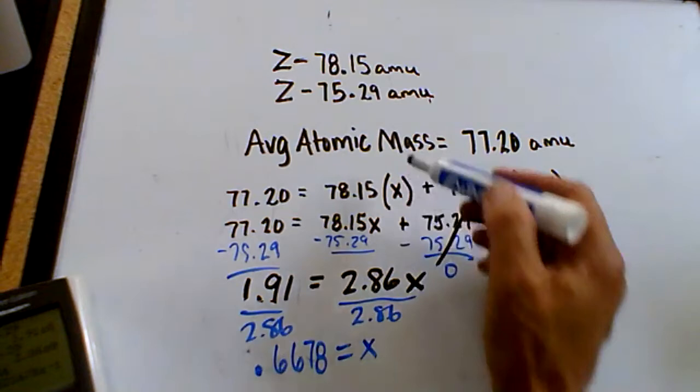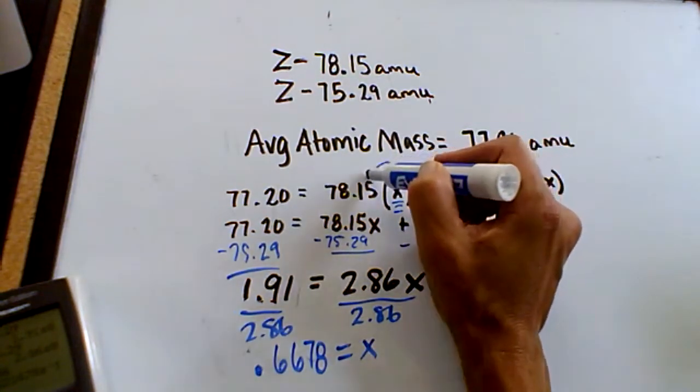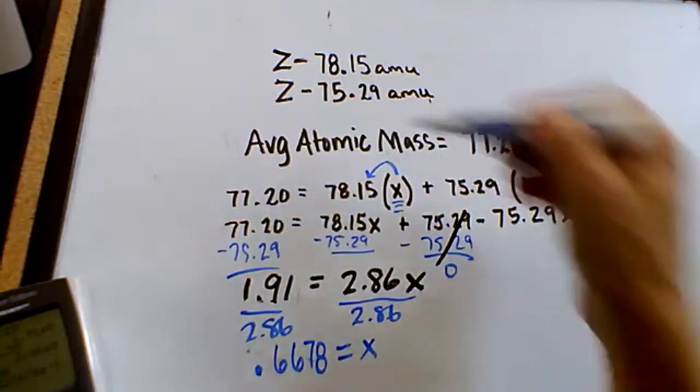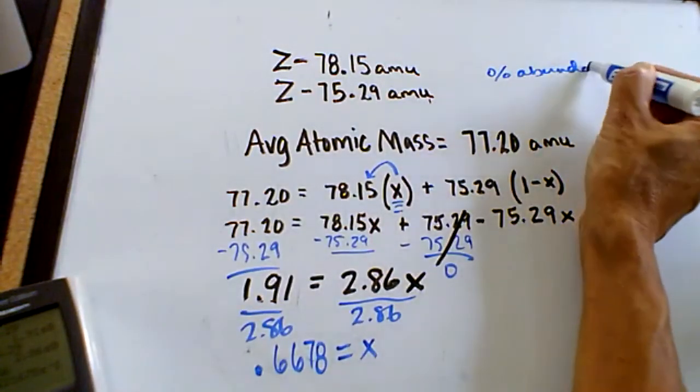So remember, X is telling us the percent abundance of this. That's what the question is asking for. Percent abundance of each isotope equals what?